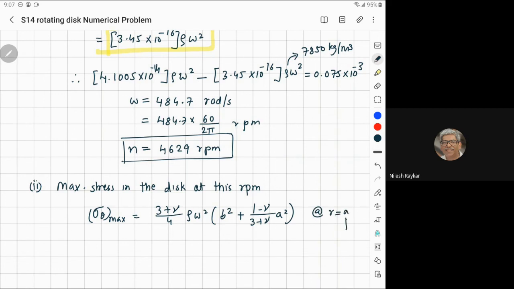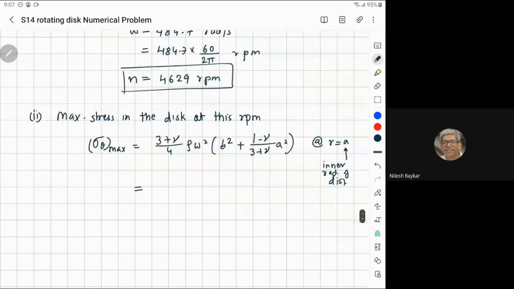Here a is the inner radius of the disk, which is what we are looking for in this case.